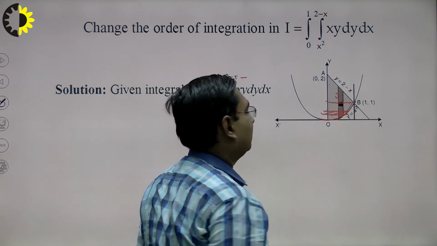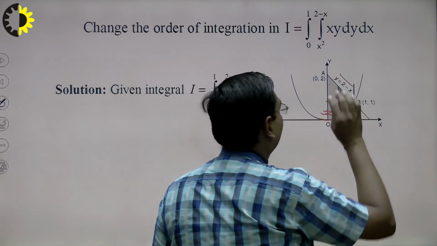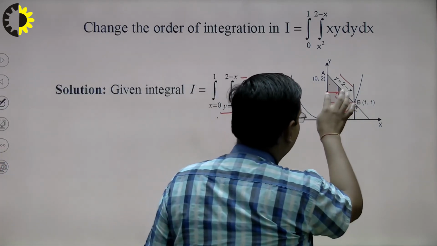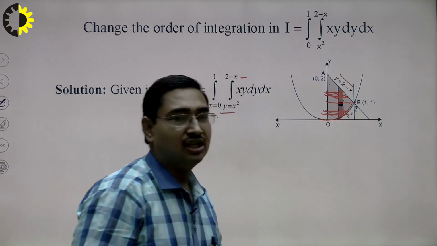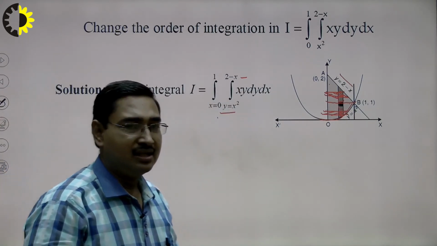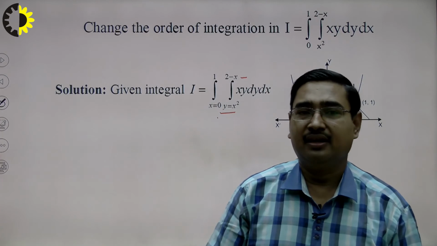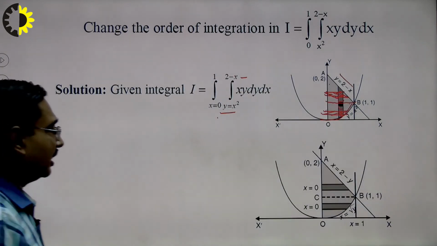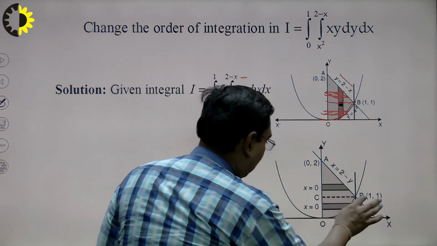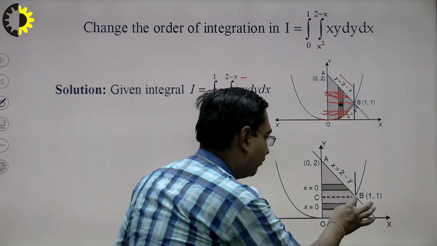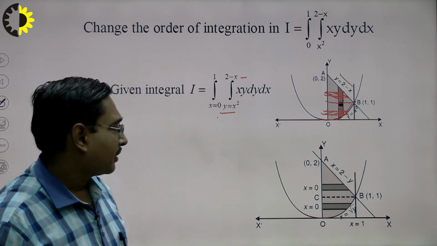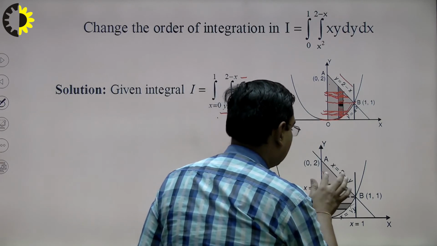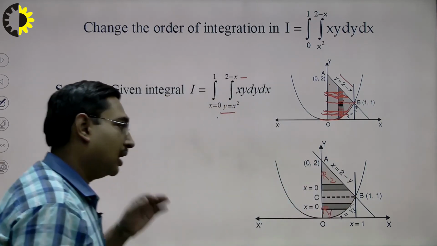In the higher part of the region, the right boundary is given by y equal to 2 minus x, means the equation of boundary is changing in between, and in this case we need to break the integral into two parts, and therefore I draw a horizontal line, dotted, for this part BC. This is region say R1, this is the region R2.